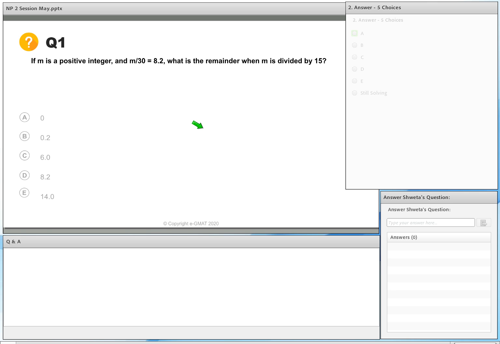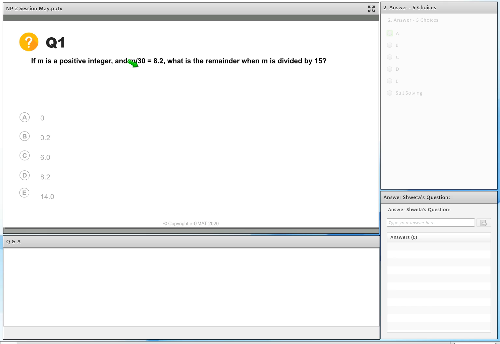All right, now this one really, if you actually multiplied 30 with 8.2, calculated the M for yourself, and then saw the remainder when this M is divided by 15, then just mark yes in this poll that I'm bringing in right now.